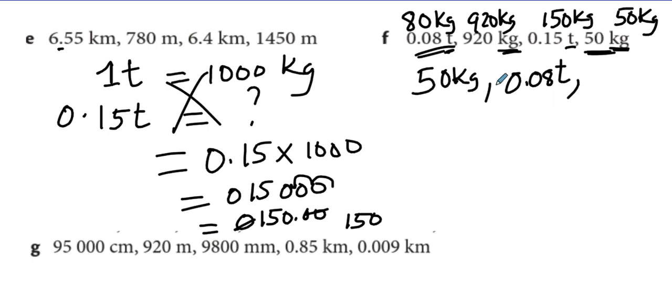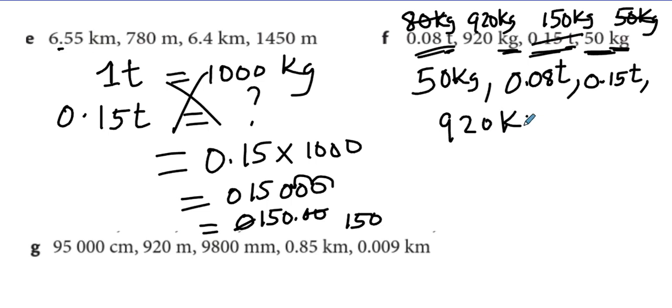You write the given number. Okay, so this is no longer here, this is no longer here. Then the next smallest will be 150 kg, but we write this number 0.15 ton. And then the largest of all will be 920 kg.